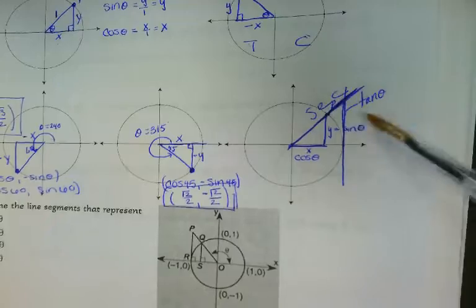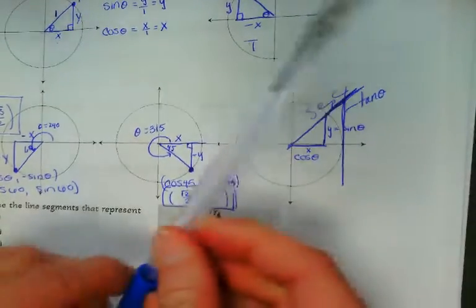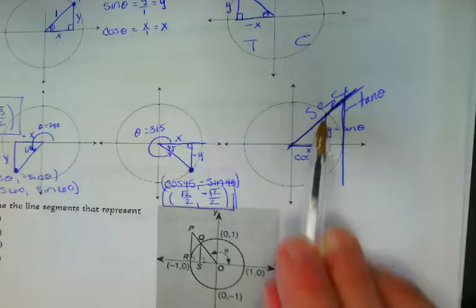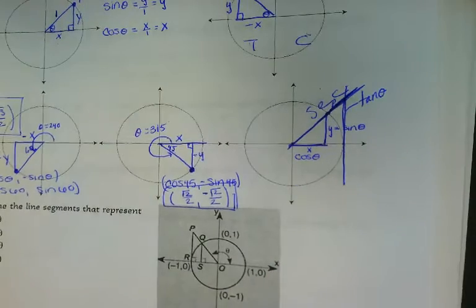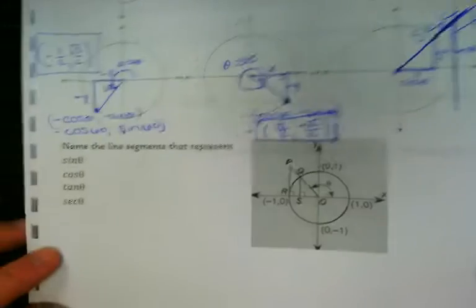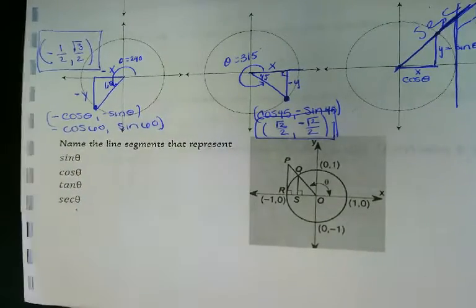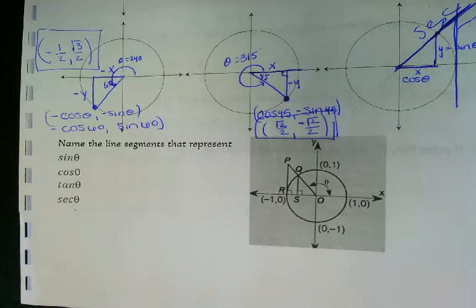Okay, so your tangent and secant are outside. Tangent touches it once. Secant's going to go through. Cosine and sine are sitting inside, your x and your y. All right, so keeping that in mind, look at this diagram and label these 4 line segments. Okay, like from where to where is sine, cosine, tangent, and secant.